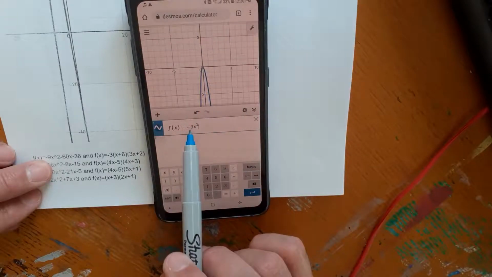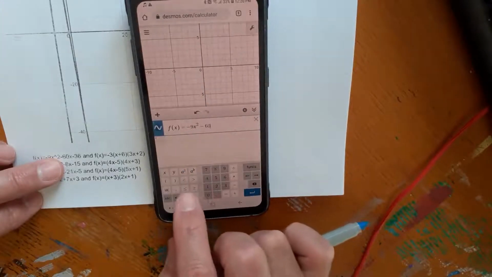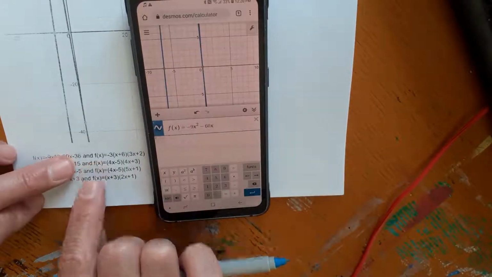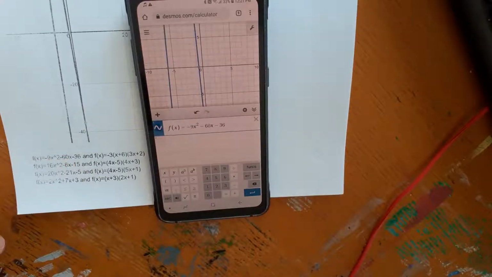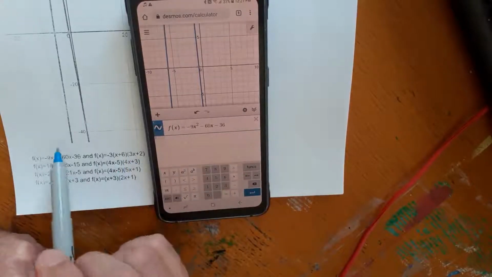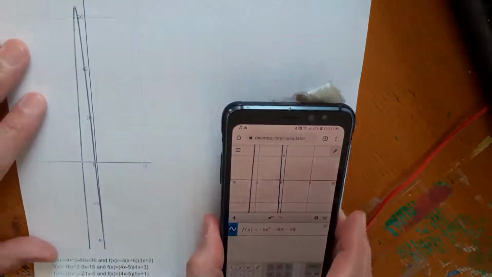It's already showing us upside down, right? This should tell us something right off the bat. Let's do minus 60x. There's more. That changes the shape of the parabola a little bit. Minus 36. All right, so we're going to plug in these answers, right? And then we're going to look at the graph they gave us, and we're going to match them up. That's all this assignment is for.